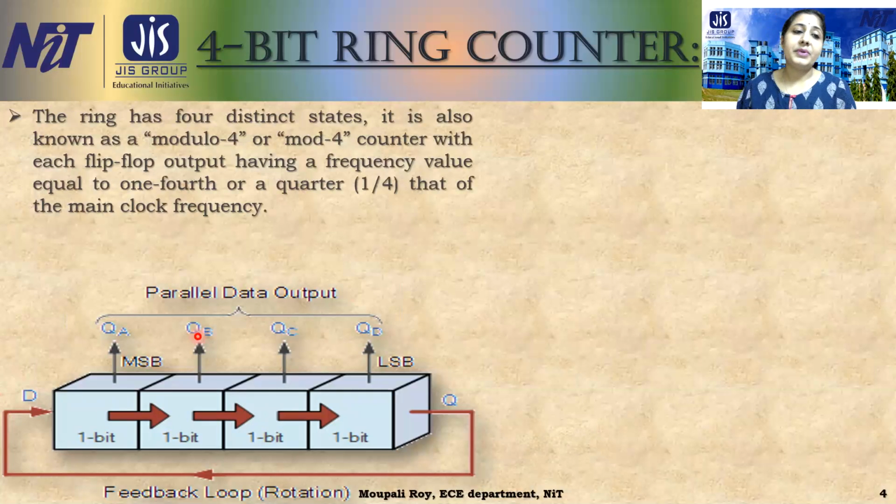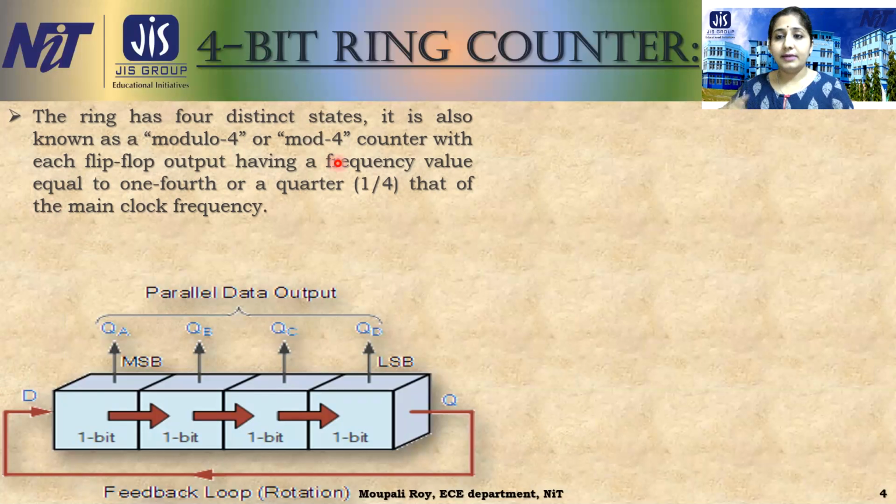So what we can see is that the ring counter has 4 distinct states. So it is also known as the modulo 4 or mod 4 counter, with each flip-flop output having a frequency equal to 1/4, a quarter, of the main clock frequency. That is modulo 4.